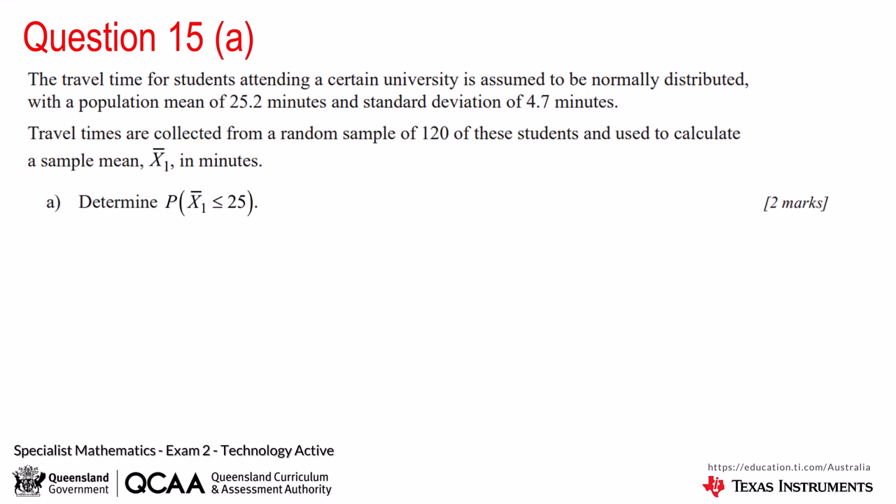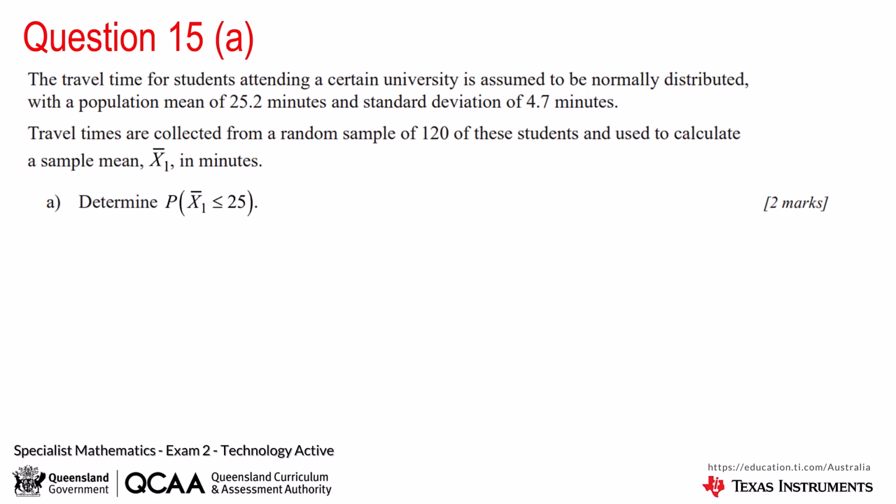A couple of points regarding the background here. The sample mean x bar is also normally distributed, and we can say that the mean is the same as the population mean, but note that the standard deviation is going to be equal to 4.7 on the square root of 120, where n is 120, the sample size.